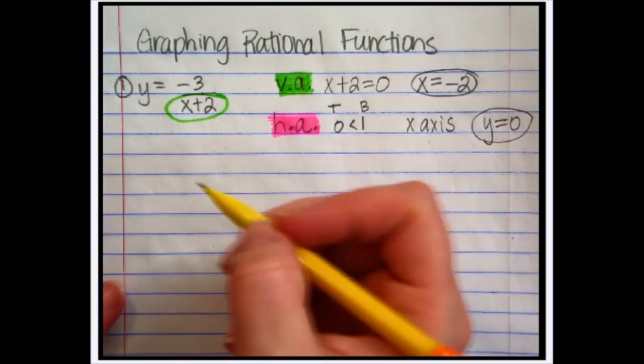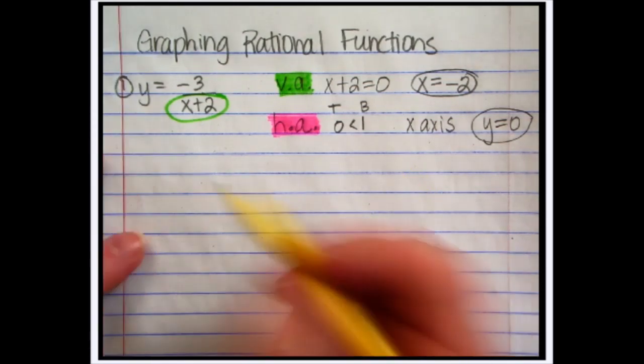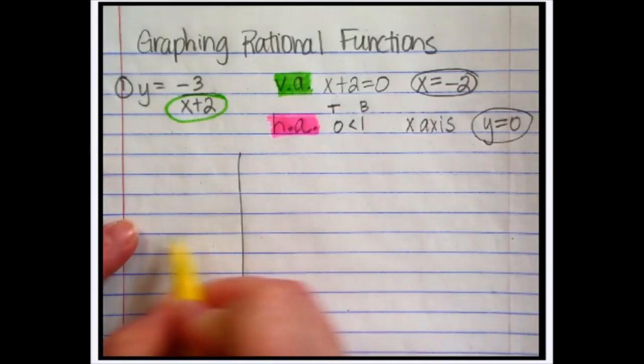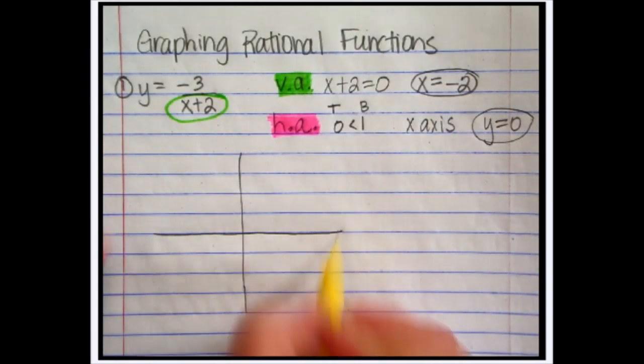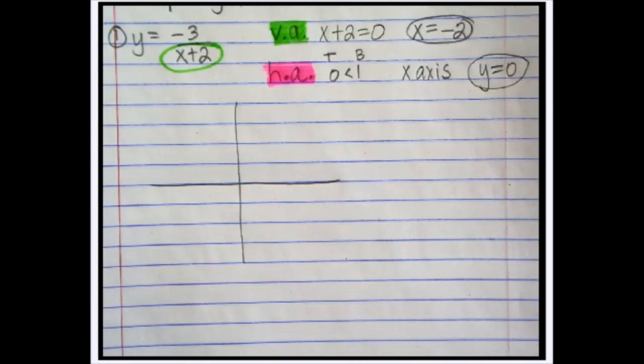Now today we want to use that information to actually graph this and give us a picture. So let's just draw a sketch. You're welcome to use graph paper, but a sketch like this is perfectly fine as well.